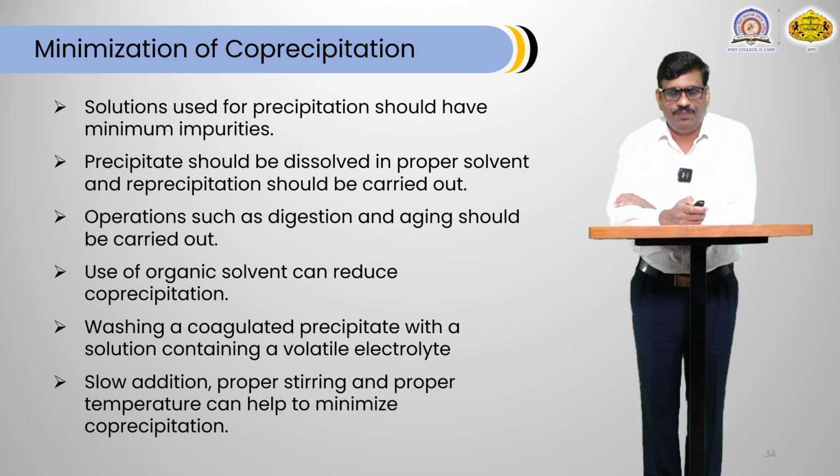Then washing a coagulated precipitate with a solution containing a volatile electrolyte can be employed to minimize this co-precipitation. Another thing that we can do is slow addition, proper stirring, proper temperature. All these things can be used to minimize co-precipitation.